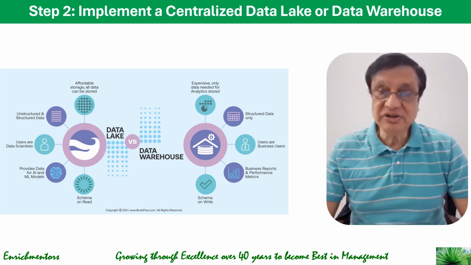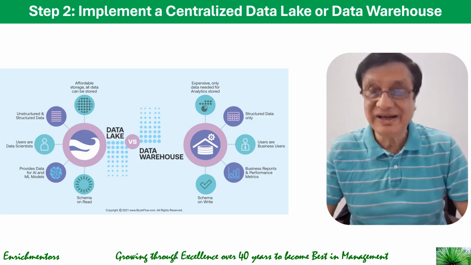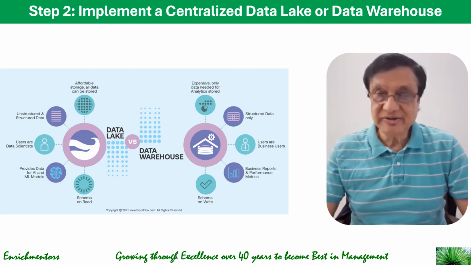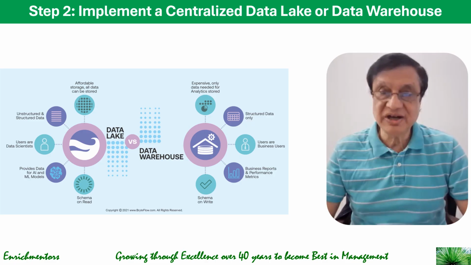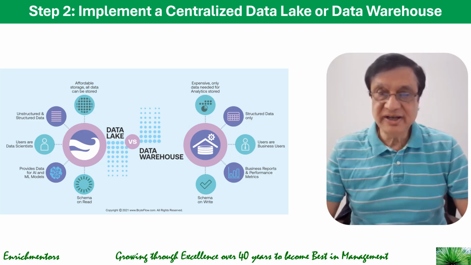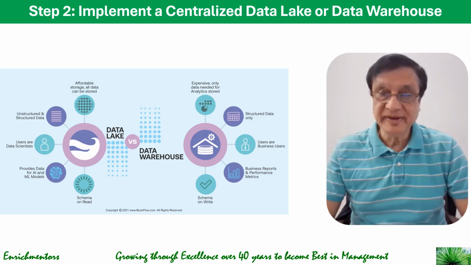Now, data warehouses, on the other hand, are examples like Snowflake, BigQuery and Redshift. They store structured and clean data, right? So that's a difference. Where data lakes can store semi-structured and unstructured data, data warehouses are for structured and clean data for fast querying. They are optimized for BI tools like Tableau, Power BI, Looker, and they support SQL-based analytics.